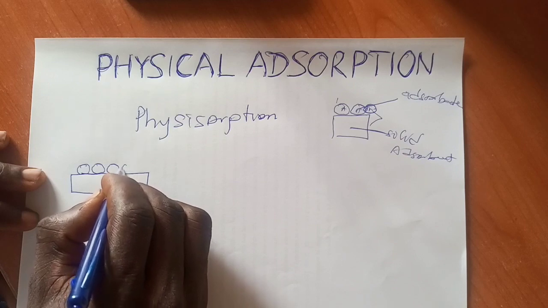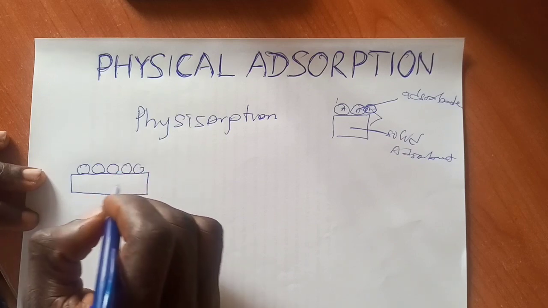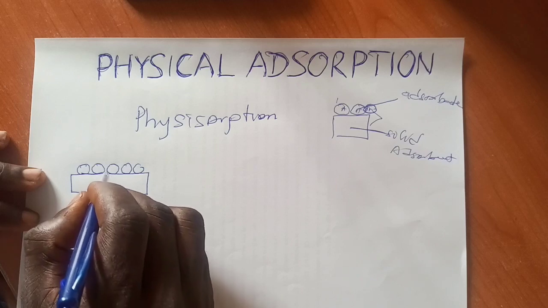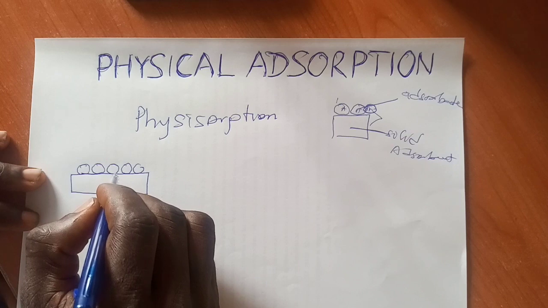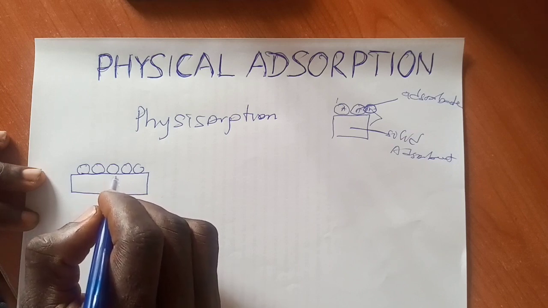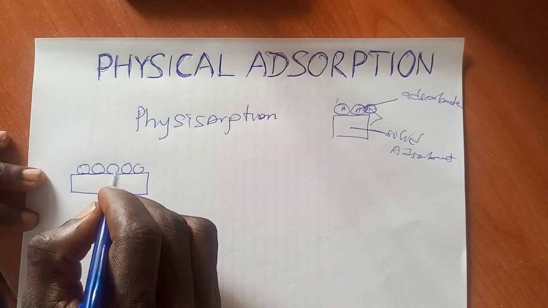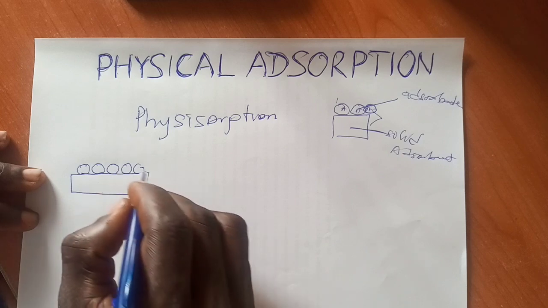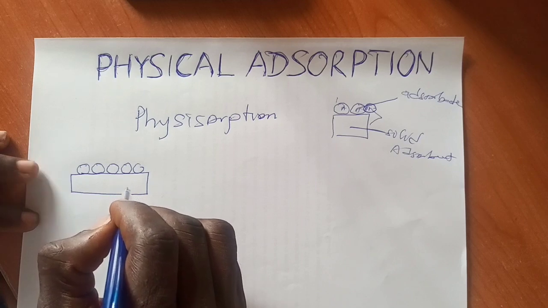When a gas is adsorbed on the surface of a solid by van der Waals forces, which are weak forces, without forming any chemical bond between the adsorbate and the adsorbent, it is called physical adsorption.